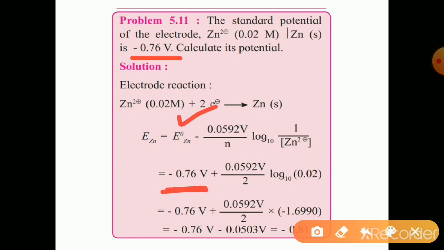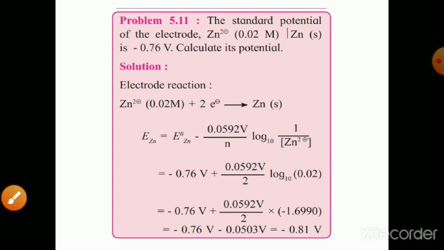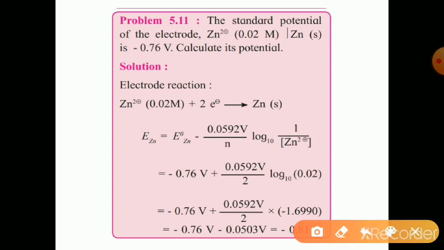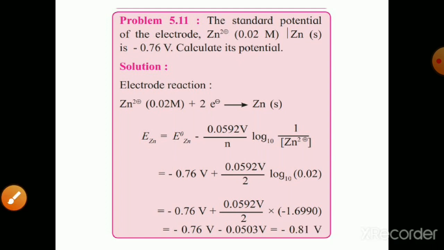Put the value here, and the sign becomes plus because it goes up in the numerator, the sign will change. When the log of this is seen in the log table, we get the value of the electrode potential as minus 0.81 volt.